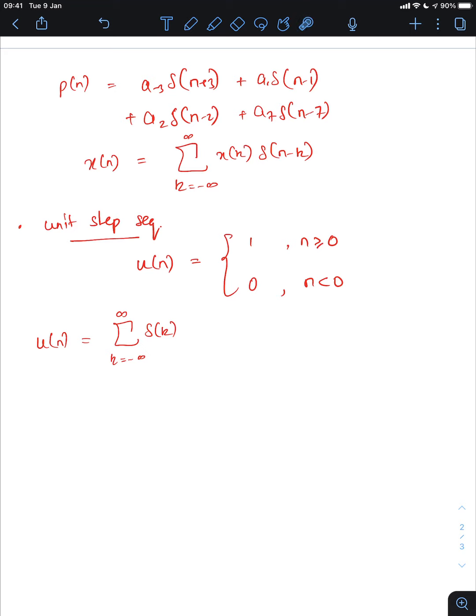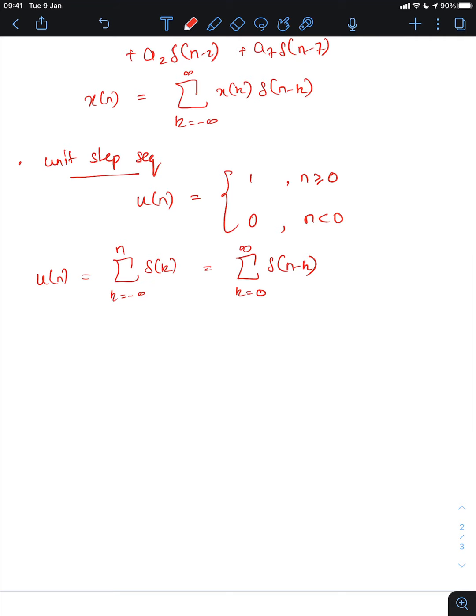Since we know that it would be 0 for n less than 0, in a compact way it can be represented as the summation of k equal to 0 to infinity of delta of n minus k. So both of the representations are equal.